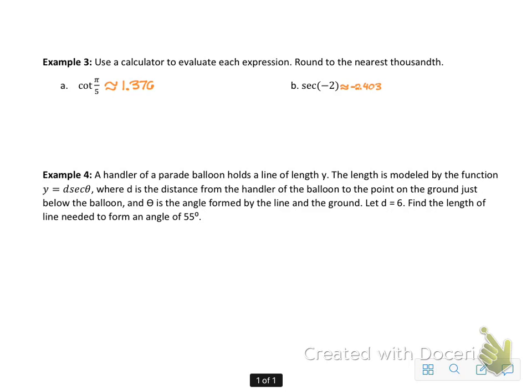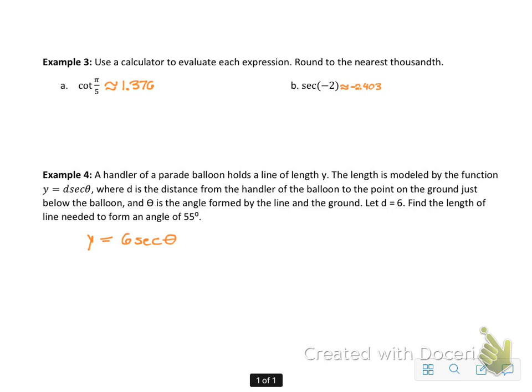Well, if they tell us that d is 6, then we're really dealing with the equation y equals 6 secant theta. And they're asking us to find the length of the line. The length is modeled by the function y equals this, where theta is the angle formed by the line and the ground. It gives us an angle. It says it's 55 degrees. So change your calculator into degrees.